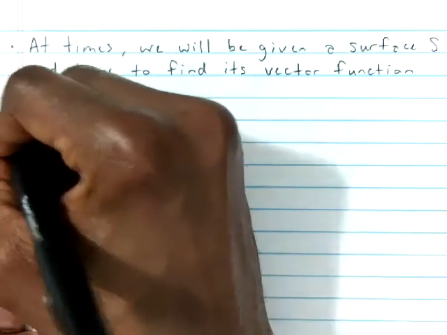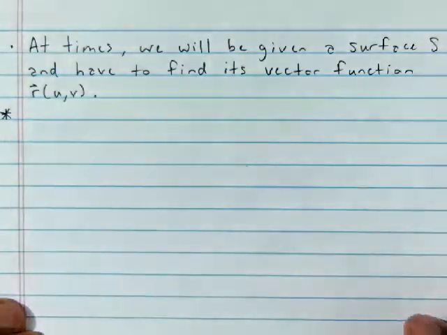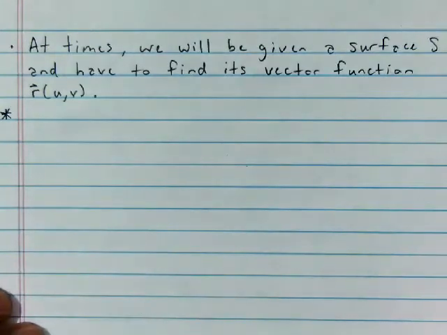So let's put an asterisk right here. I'm going to give some different scenarios, different ways we can find that vector function.